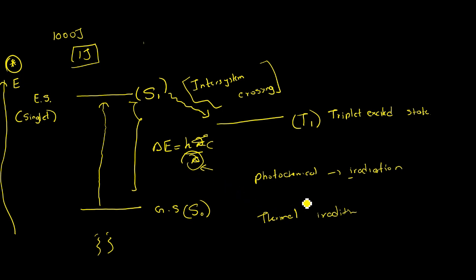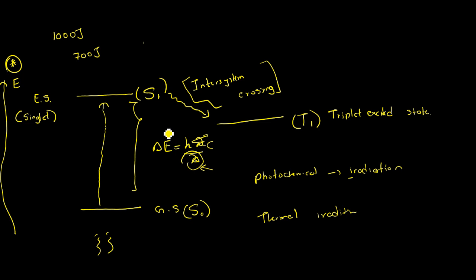But when it comes to photochemical irradiation, we have this specific wavelength. The wavelength of our provided energy is much more narrowed. These values are just hypothetical, right? So if you supply 1000 joules from photochemical irradiation, let's say 700 joules would be acceptable for the excitation.